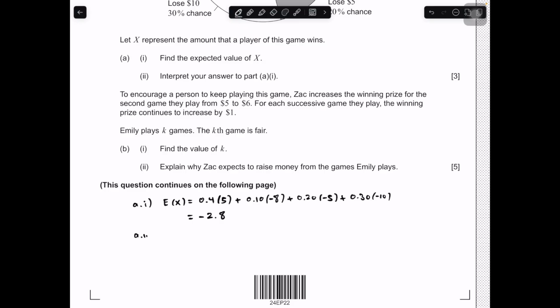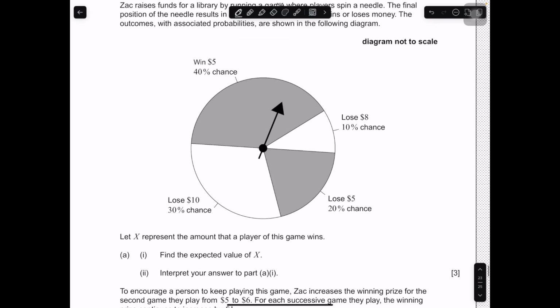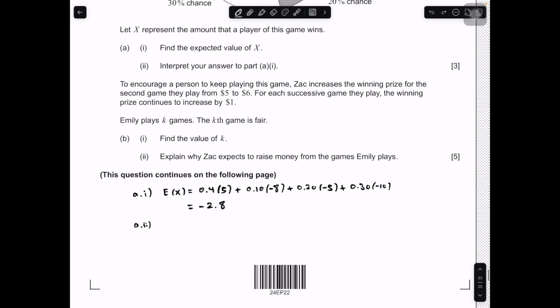So interpret your answer to part A1. In this case, what does this mean? What does this negative 2.8 mean? It doesn't mean we're going to lose $2.8 every time, because sometimes we can actually win $5. Sometimes we're going to lose $8. We're never actually going to lose $2.8 on any individual spin, but overall, our long-term average return of playing this game is going to be negative $2.8.